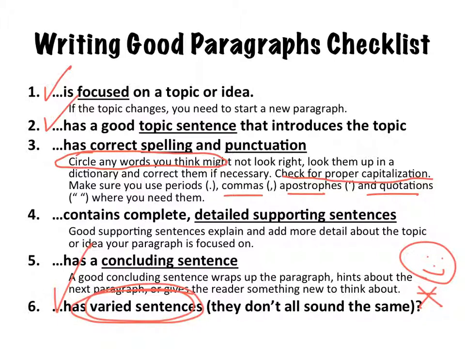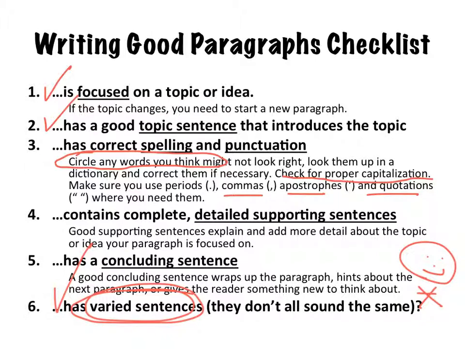That gives a hint that my next paragraph is going to be about how to make the batter. So you can use a question. You can use what's called a rhetorical question. It's a question that you ask in your writing just because you want to make the reader think about something. It's a very, very powerful tool, and a very powerful thing to do in speeches when you write your speeches later.